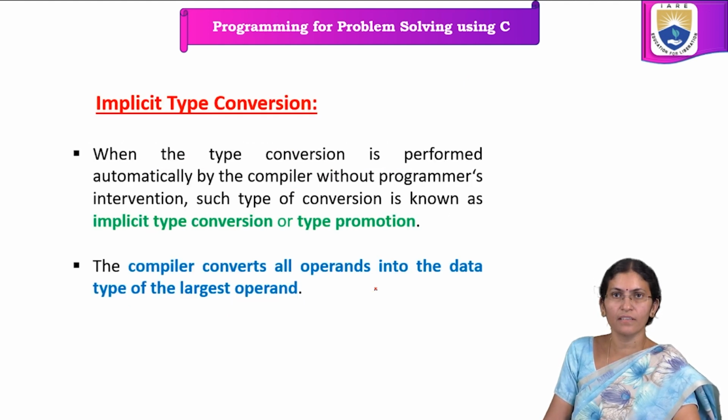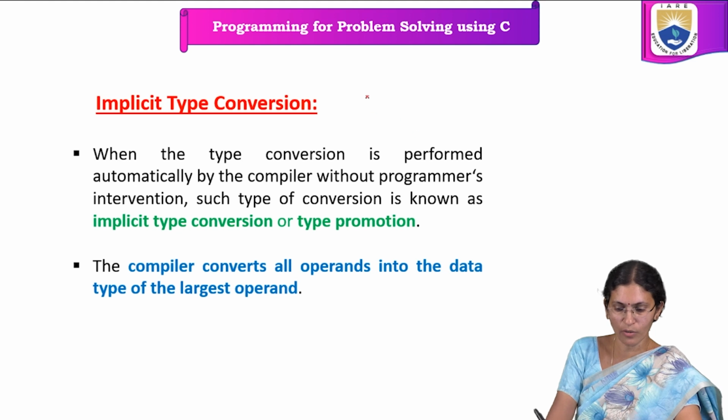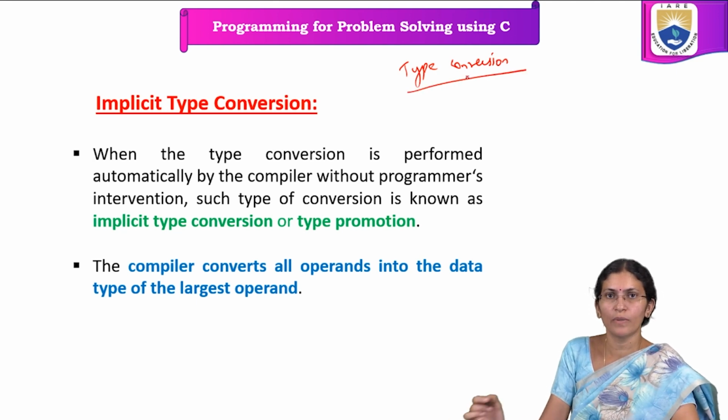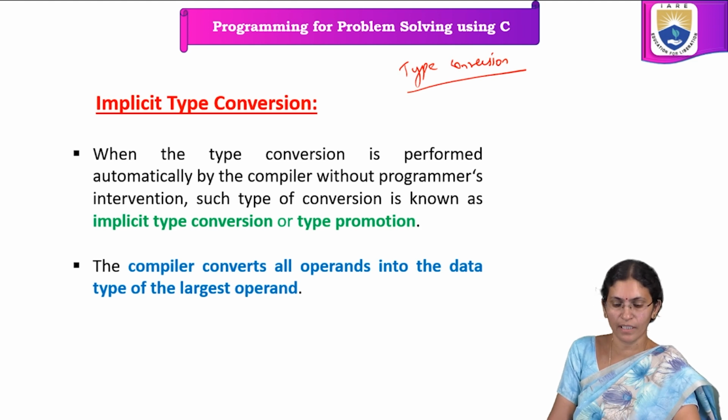First, implicit type conversion, or simply type conversion. Type conversion and typecasting both mean converting one data type to another, but the way it is done differs, so we refer to it as implicit or explicit type conversion.